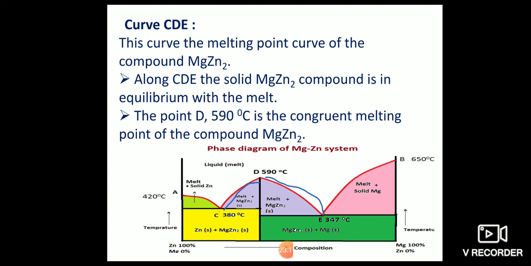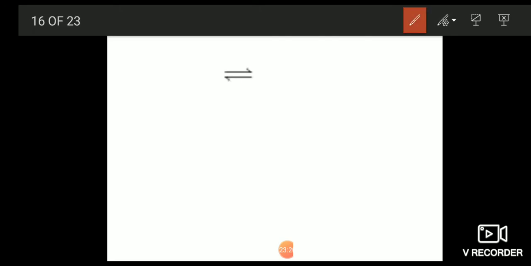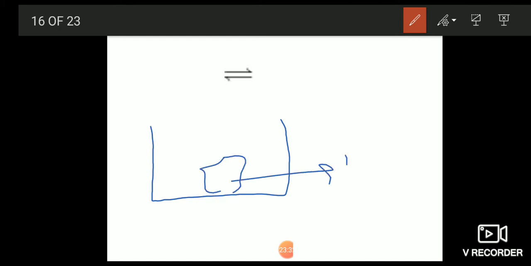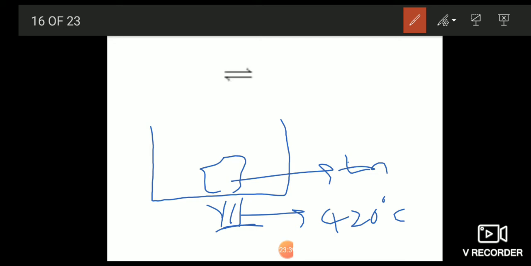That is, after reaching the point C from A, we shall see, as we have imagined before, we have started from the left side with zinc, heating up to 420 degrees Celsius, and it will start melting.